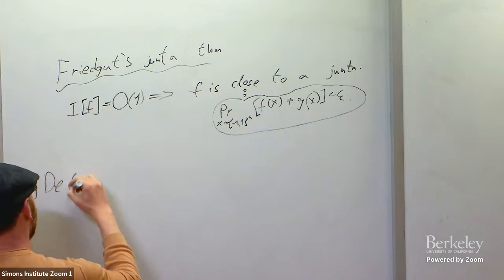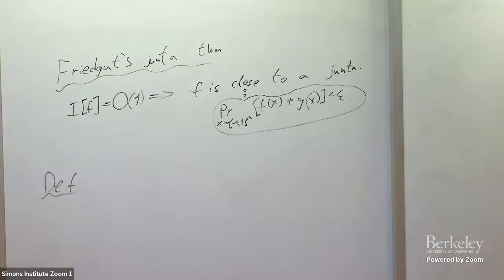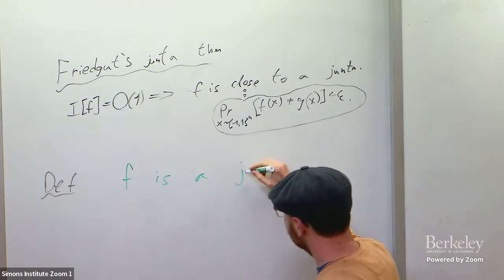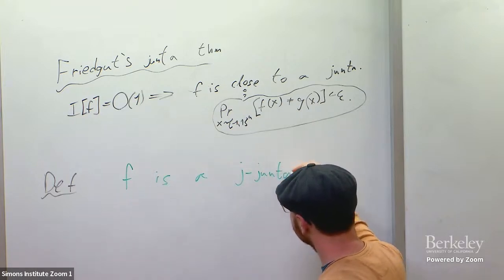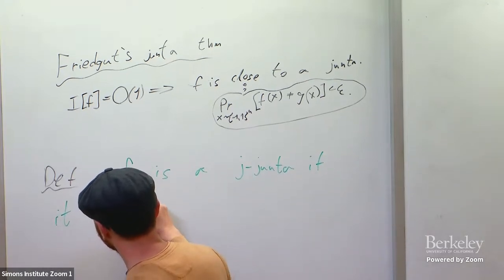The function is a J-Junta if it depends on J variables.